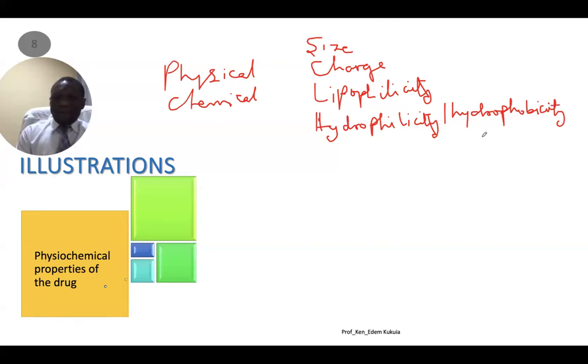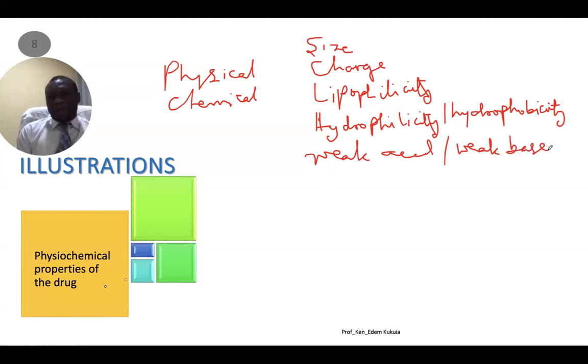We may then consider whether the drug is a weak acid or a weak base. Now, these inherent properties in the drugs are important because they could determine whether the drug is going to be absorbed quickly or not.